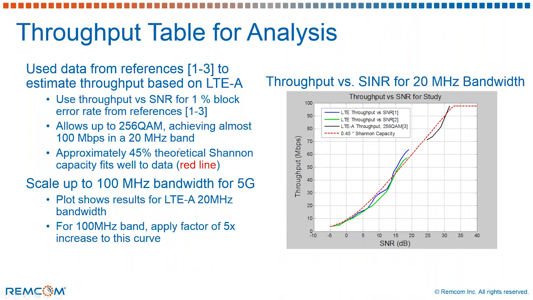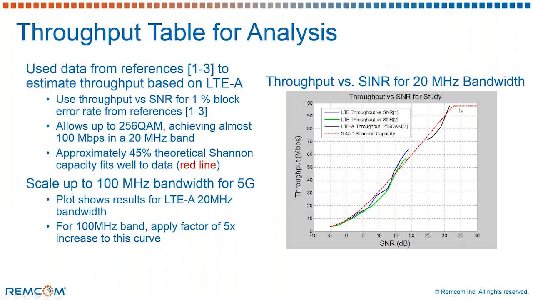Next, we constructed a table to estimate throughput as a function of signal to interference plus noise ratio. We looked at several different references, extracted data for approximately 1% block error rate, and did a curve fit using a fraction of the Shannon theoretical capacity, and found that approximately 45% of Shannon capacity fit fairly well to the data from these 3 references.